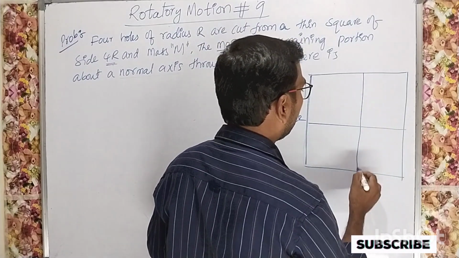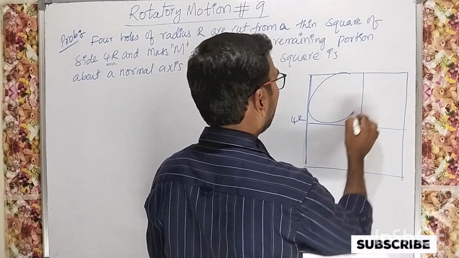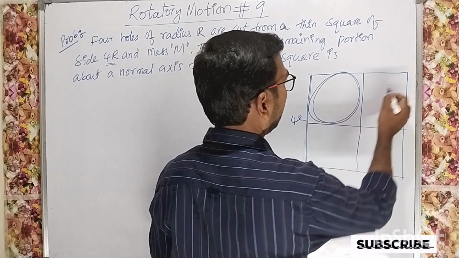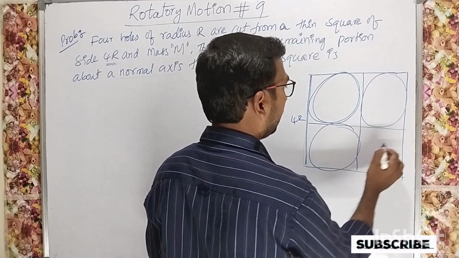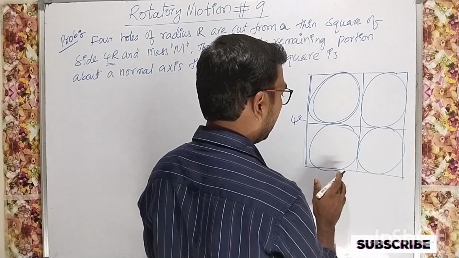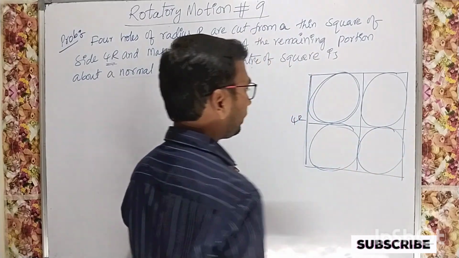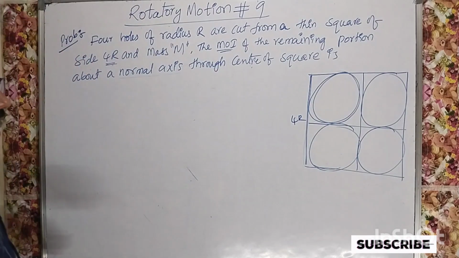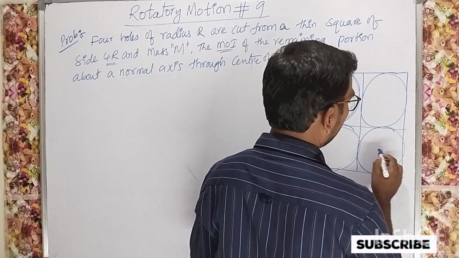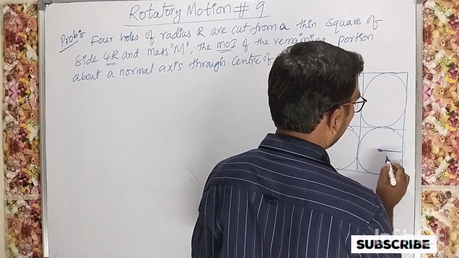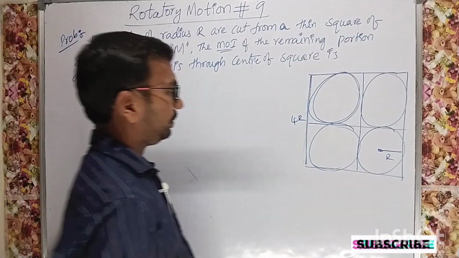So here you can cut a hole of radius R, like that 4 holes you can cut, each of radius R.